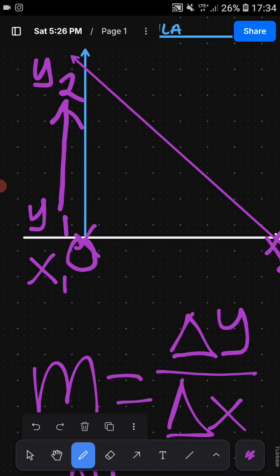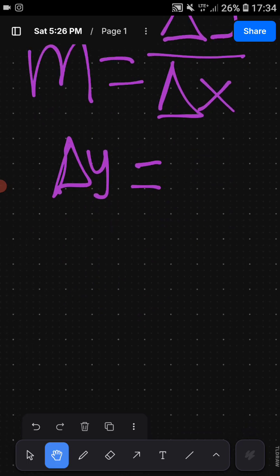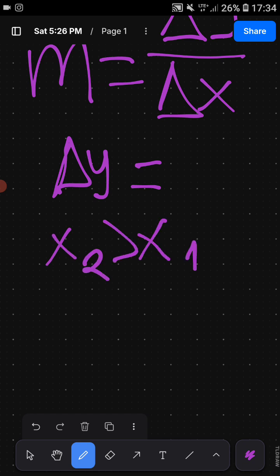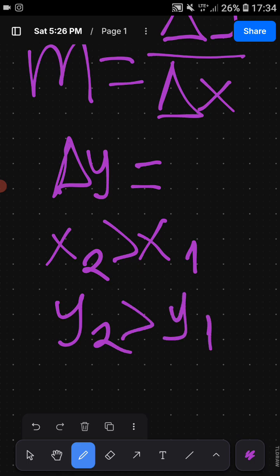So this is where y1 starts and this is where x1 starts, and that tells you that x2 is greater than x1, and y2 is also greater than y1.